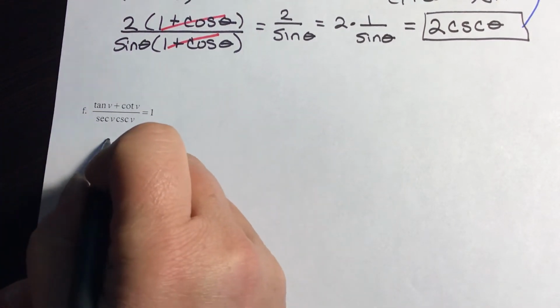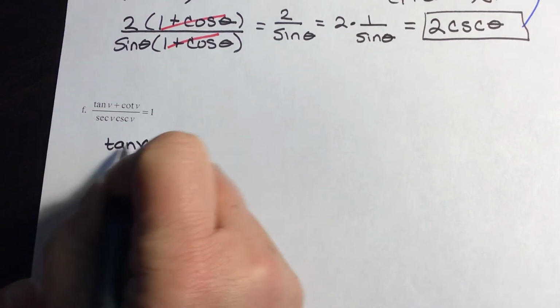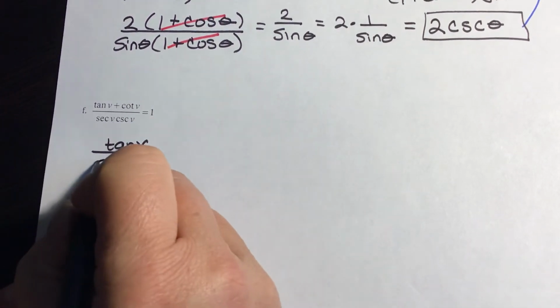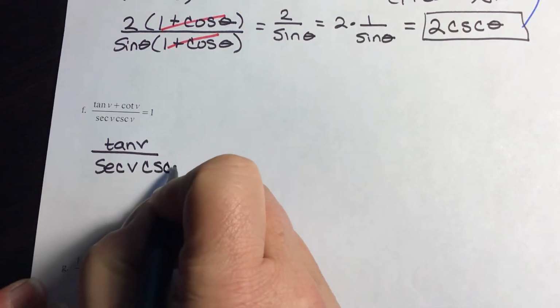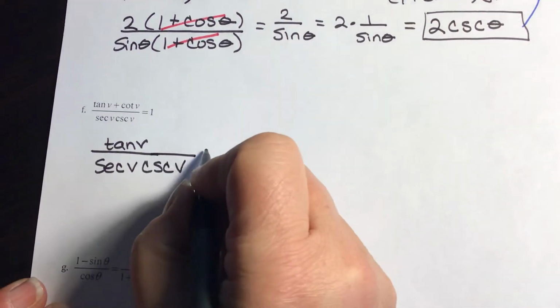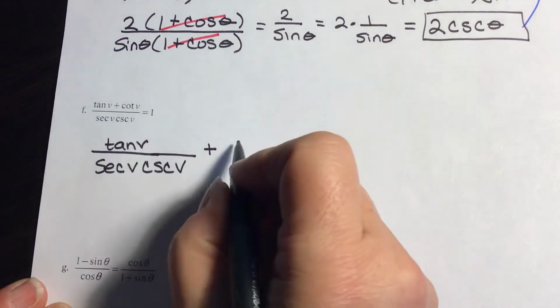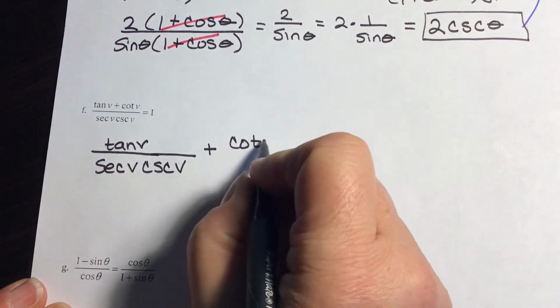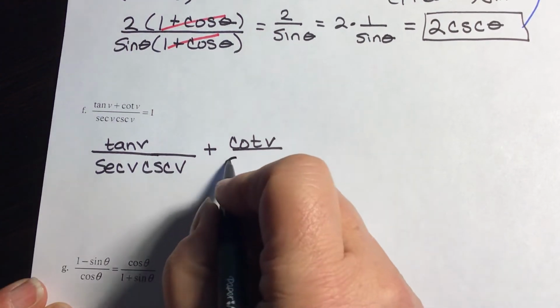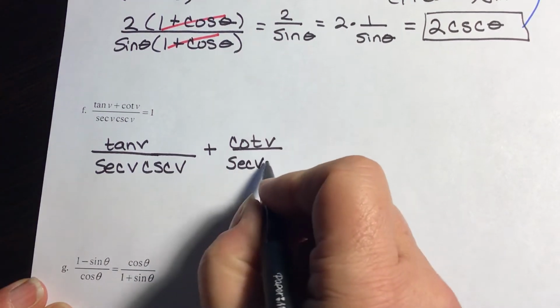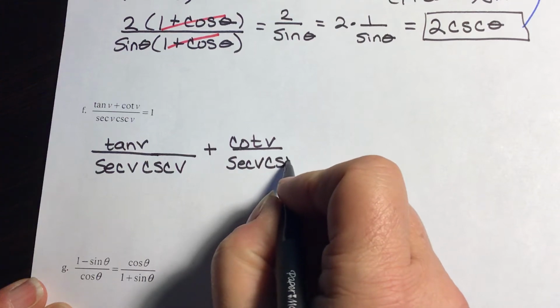So I can do tangent of v over my denominator, secant v cosecant v, and then I have plus cotangent v, which is over secant v cosecant v.